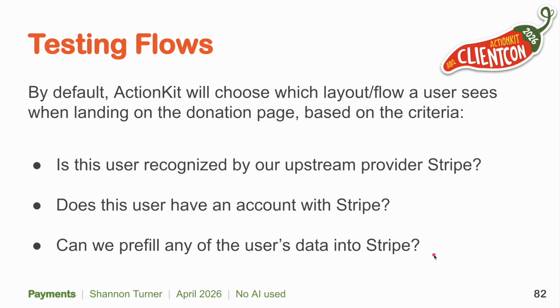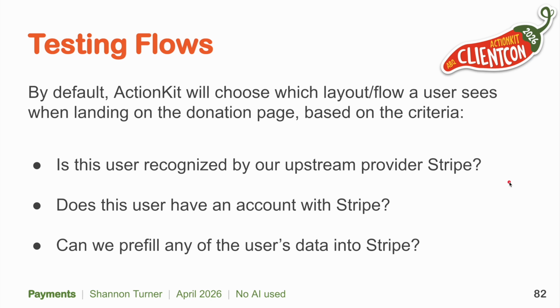Now, since our donation pages are so optimized for conversions, we're going to choose the best layout or best flow that a user will see when they land on the donation page based on these criteria. So is our user recognized by our upstream provider Stripe? Do they have an account with Stripe? And can we pre-fill any of that user's data into Stripe?